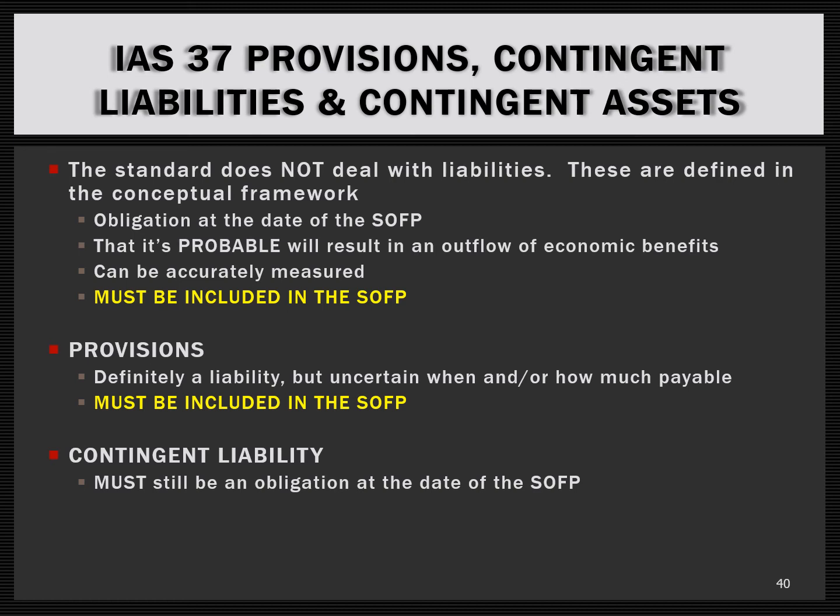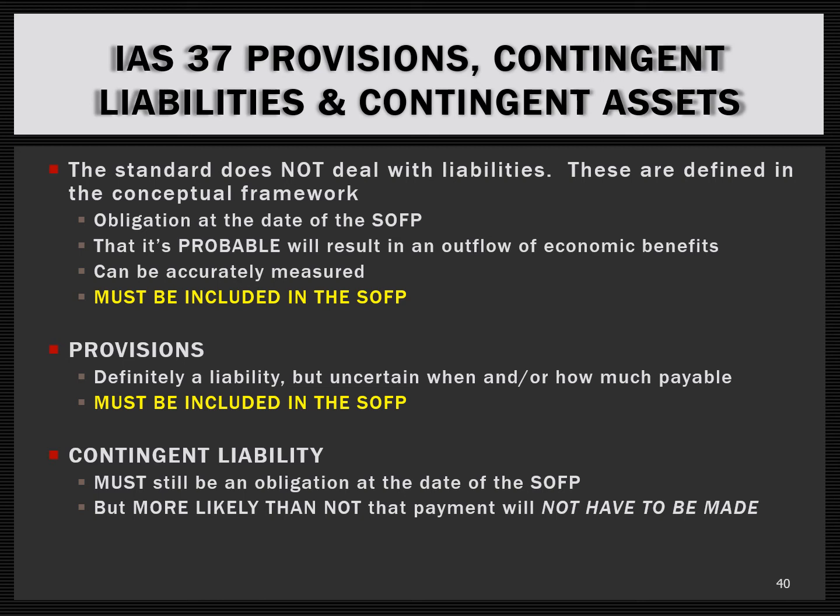So there's got to be an obligation at the year end for there to be a contingent liability, but it's unlikely that a payment will have to be made. So it's more likely than not that the payment will not have to be made. It's still an obligation, but we don't think it's going to involve an outflow of economic benefits.